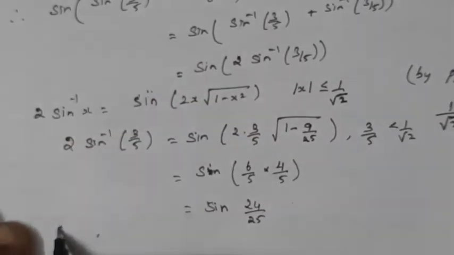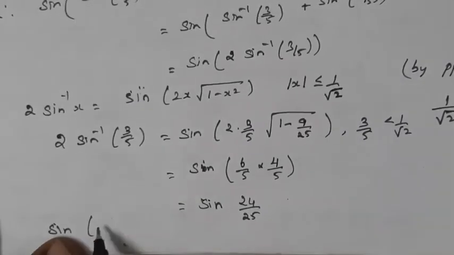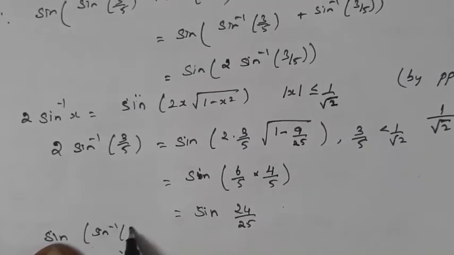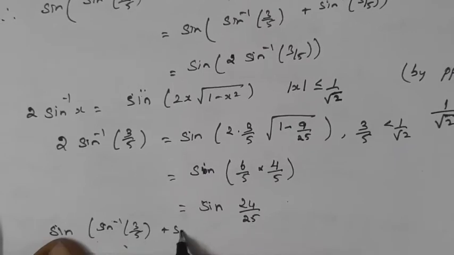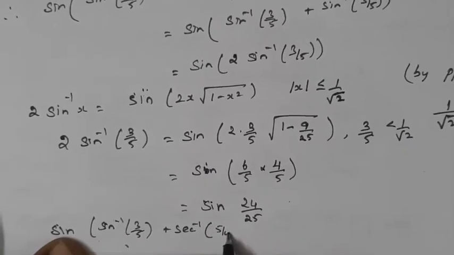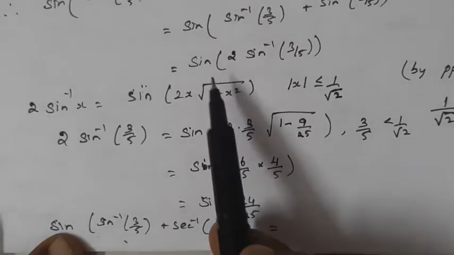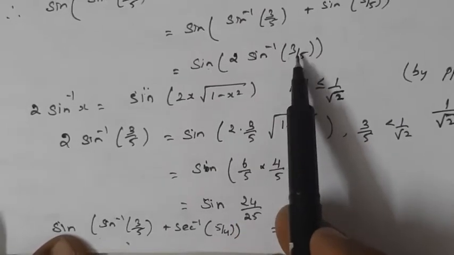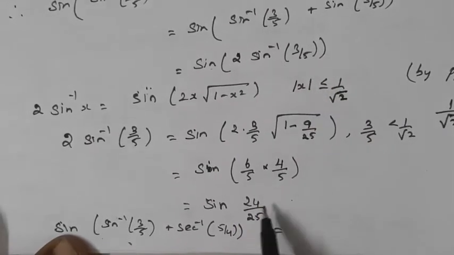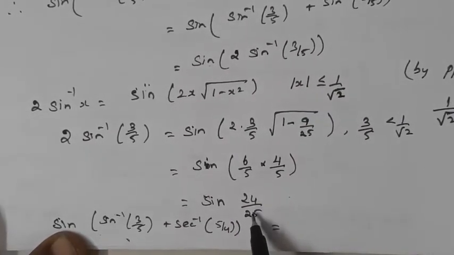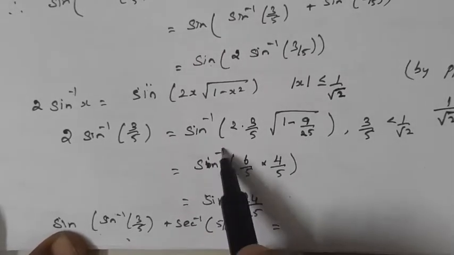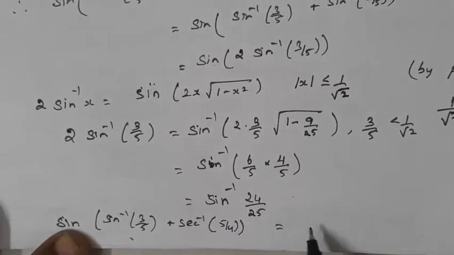Now let us replace here. The given expression sine inverse of 3 by 5 plus secant inverse of 5 by 4 is equal to 2 sine inverse of 3 by 5, and we have found the value as sine inverse of 24 by 25.